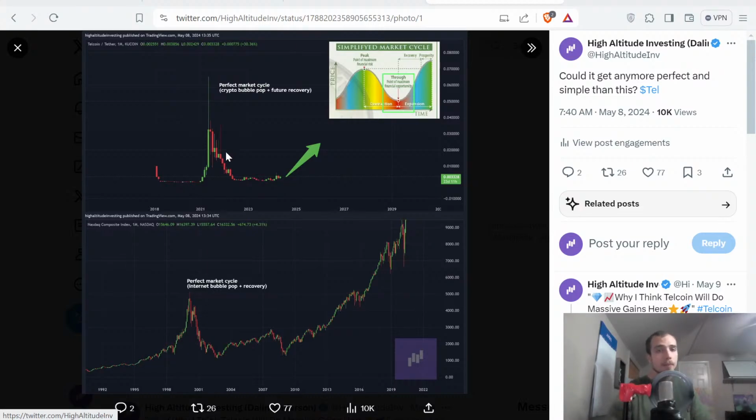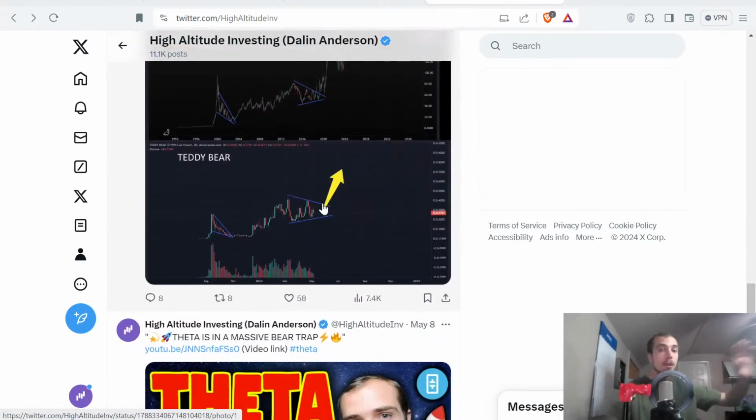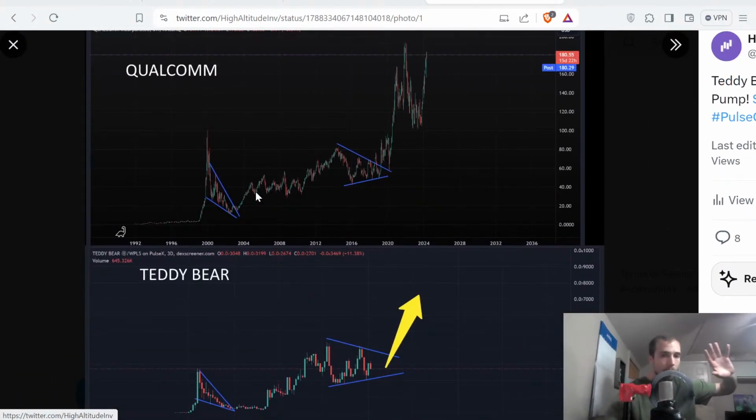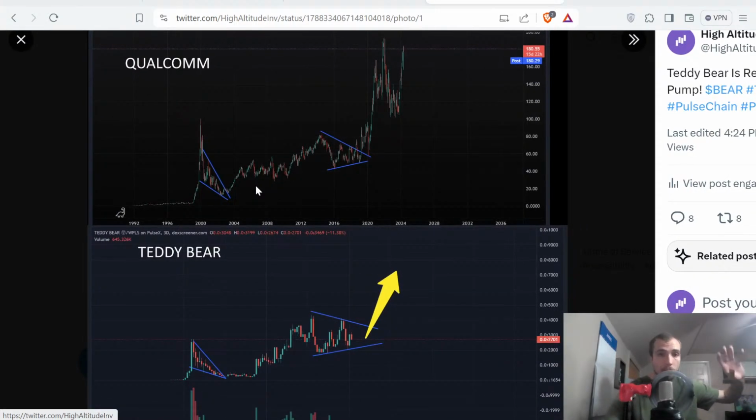The top is a crypto. You can see the same human psychology took place, the same human emotion. Now, to talk about Teddy, because that's what I was talking about originally, I just had to re-drill that point about markets because I want you guys to make a bunch of money like I am because of these charts.